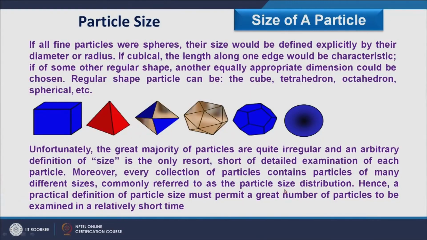So every collection of particles contains particles of many different sizes, commonly referred to as particle size distribution. If I consider a single particle and a bunch of particles, or the mixture of particles, in a mixture we usually define the distribution like some mass fraction of total mass having a particular size, another mass fraction of total mass having another size.